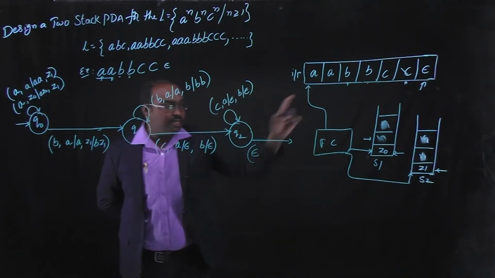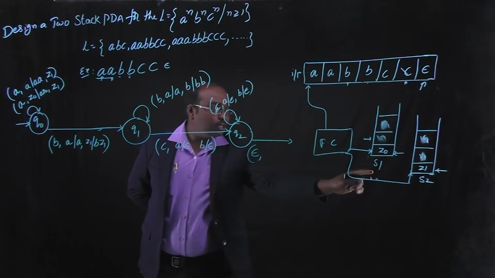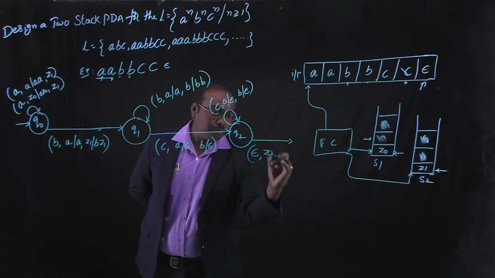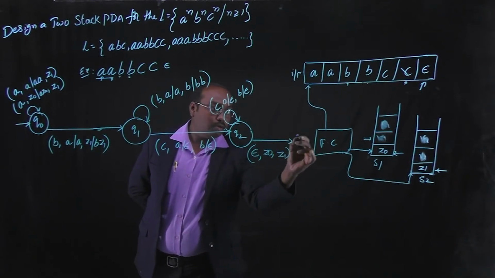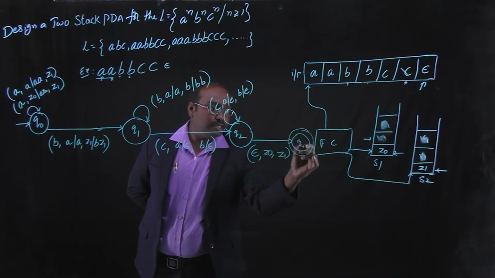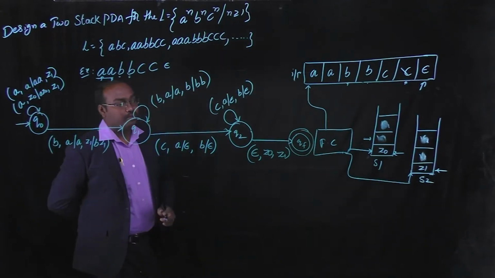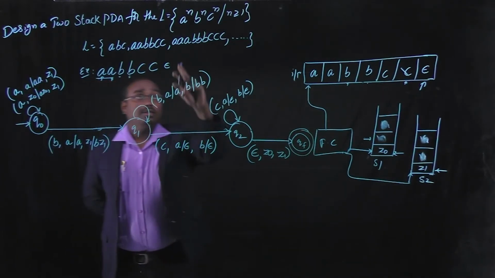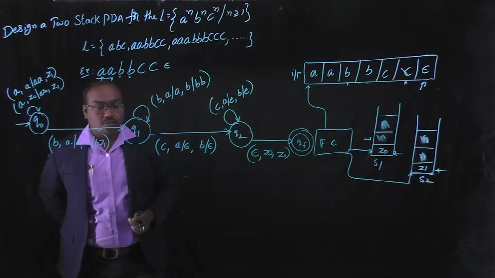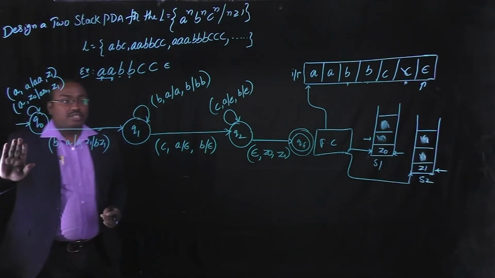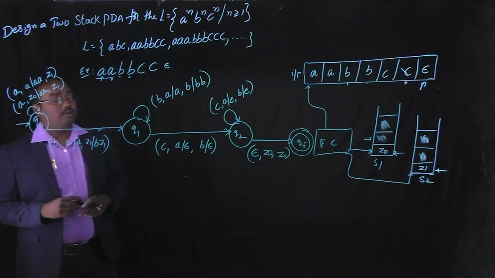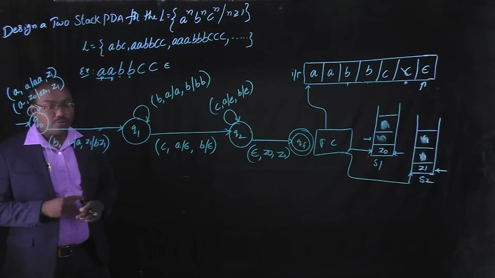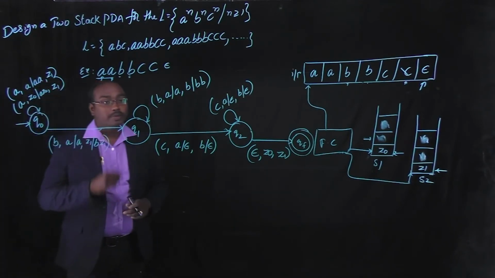If the input symbol is epsilon, stack 1 top of the element is Z0, and stack 2 top of the element is Z1, now we can say the given string is accepted, or the given language is accepted. So this is the transition diagram for the language A power n, B power n, C power n, where n is greater than or equal to 1.